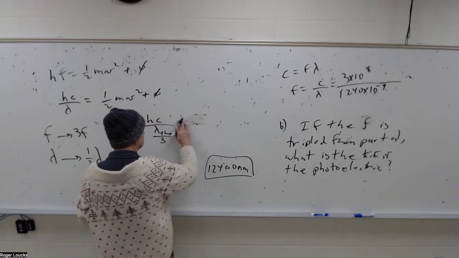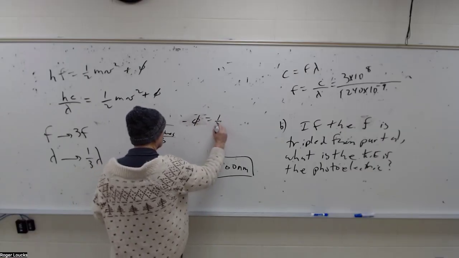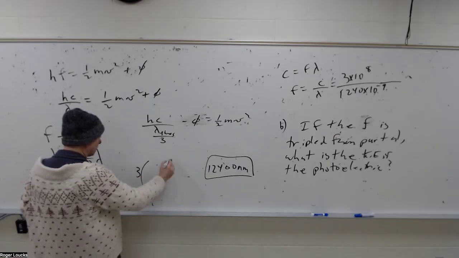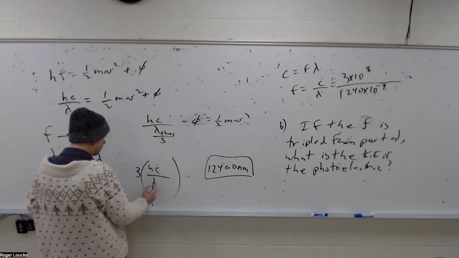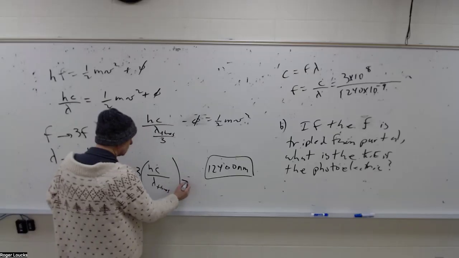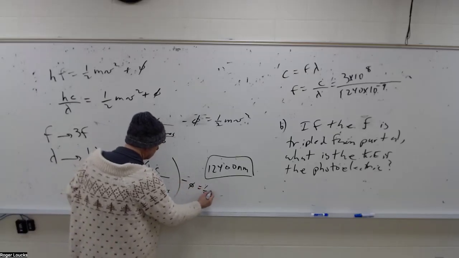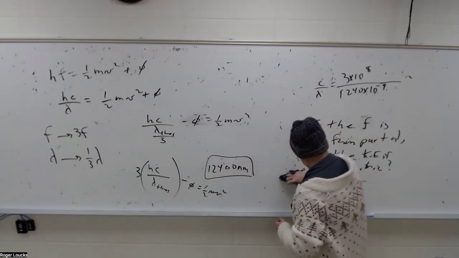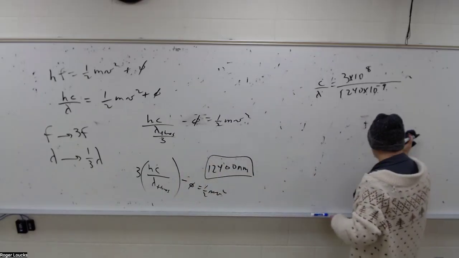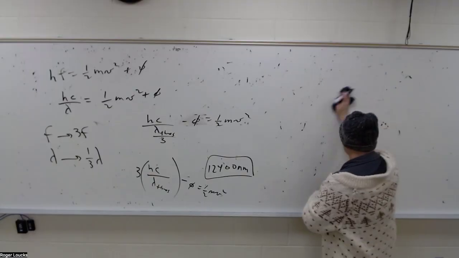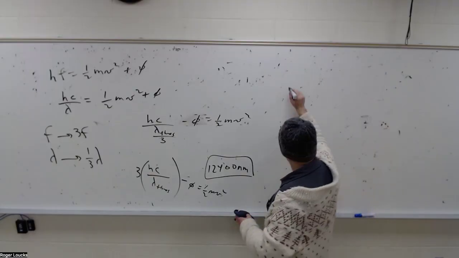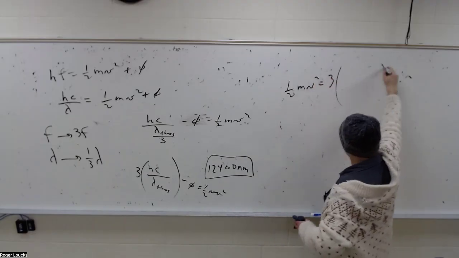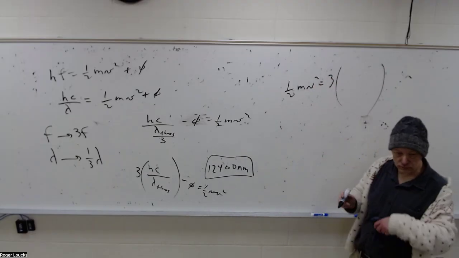And then I take minus phi. So this is 3 times hc over lambda threshold minus phi equals 1/2 mv squared. So we have that 1/2 mv squared equals 3 times what?